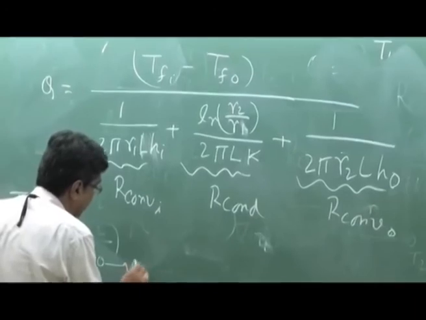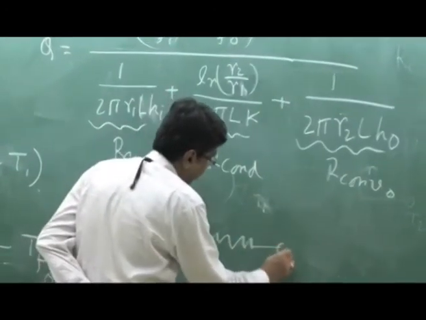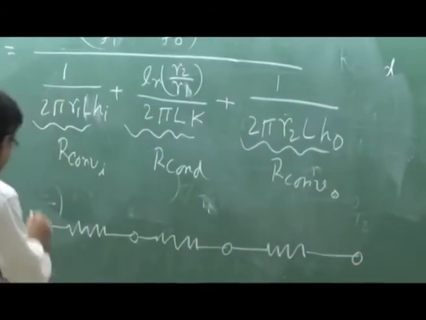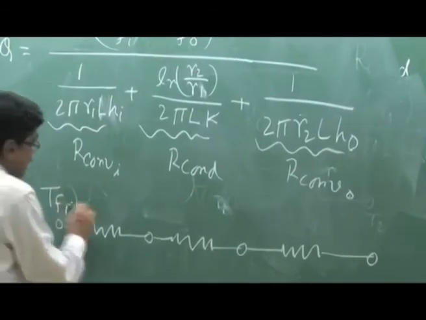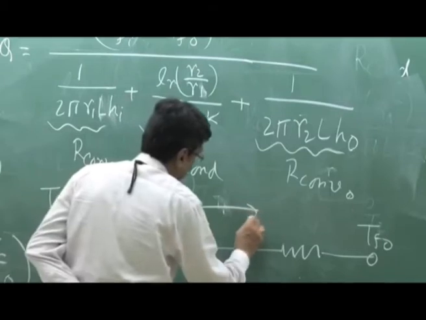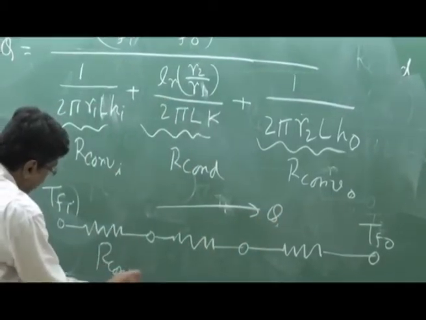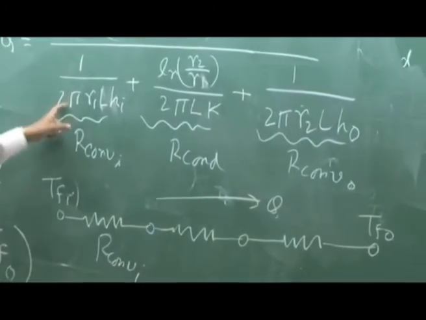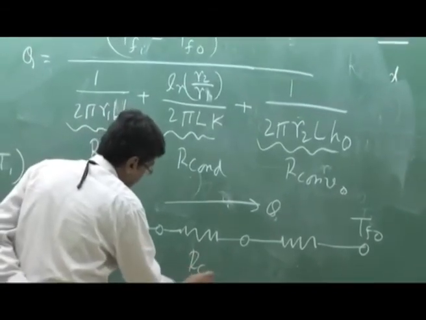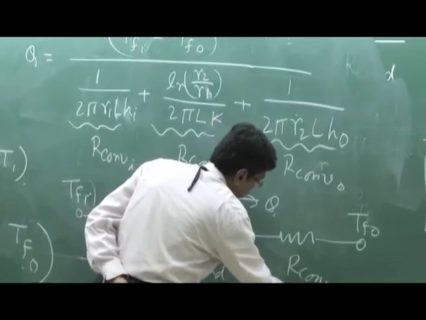Extremely simple: three resistances are in series through which the same heat is flowing, and the electrical analogous circuit is like this, TFI and TFO. The same heat Q is flowing, with this R convection inner whose value is 1 by 2 pi R1 L Hi, this is conduction, and this is R convection outer.